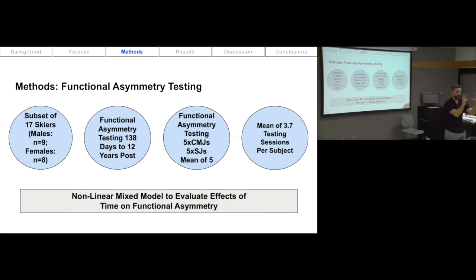So we have subjects that come in early on, some that come in late on, but we took this data and basically what we obtained from them was asymmetry testing where they performed 5 counter movement jumps and 5 squat jumps, used an average asymmetry, and on average, each subject had contributed 3.7 testing sessions for our data. And we then used a nonlinear mixed model to look at the effects of time, or days since surgery, on functional asymmetry.